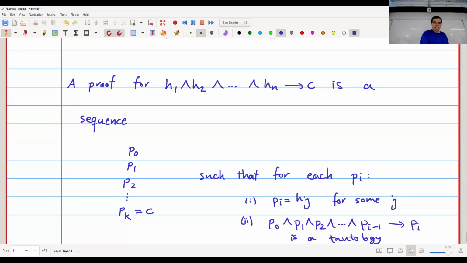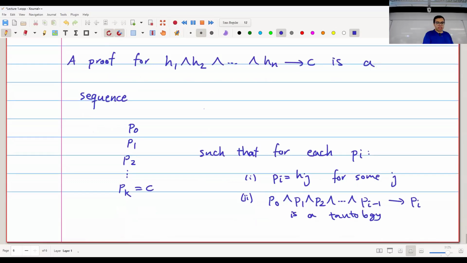So whenever I ask you to prove something given some hypotheses, in your proof you can use any of the hypotheses as one line, or you can use a new statement as long as you can deduce it from the things that you have proven so far.